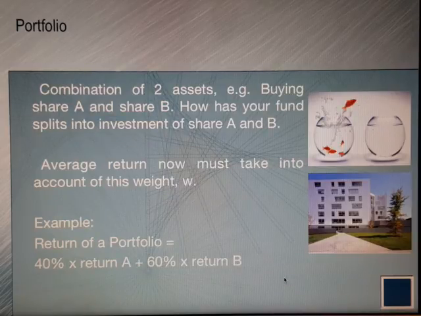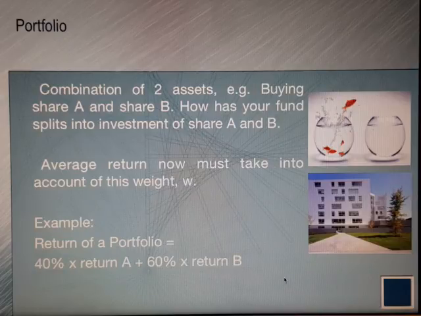An investor can make a position where they take a combination of shares that have low risk and high risk together to maximize the return. And the combination of these investments, we call a portfolio.